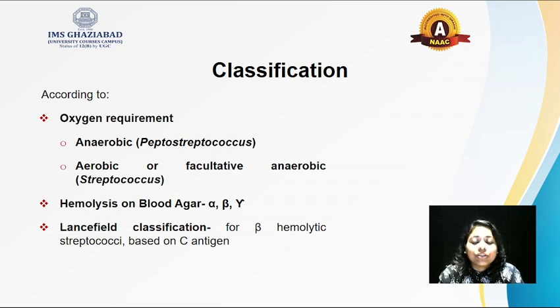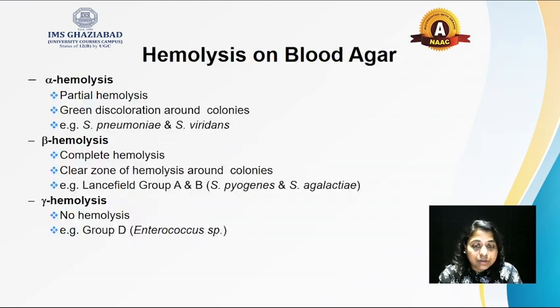The third one is the Lancefield classification, which defines the carbohydrate antigen, also known as the C antigen, of the beta hemolytic Streptococcus species. So there are three types of classification: on the basis of oxygen requirement, on hemolysis, and the Lancefield classification.